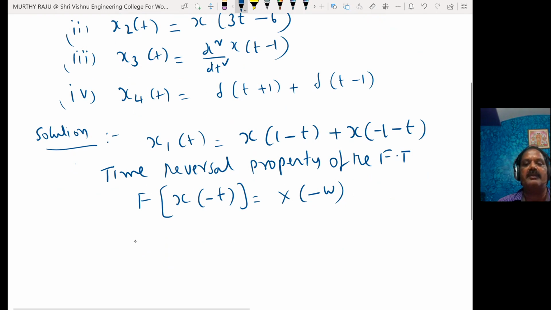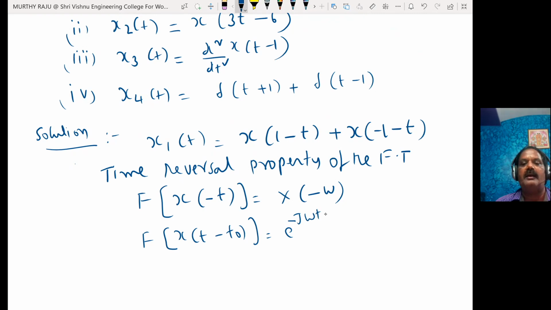Next, the time shifting property. Fourier transform of x of t minus t naught is equal to e power minus j omega t naught X of omega. Fourier transform of x of t plus t naught, left shift and right shift, is equal to e power j omega t naught X of omega.